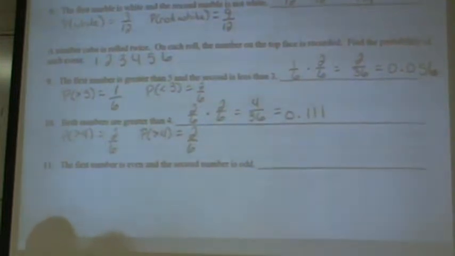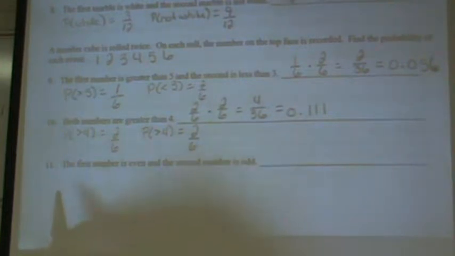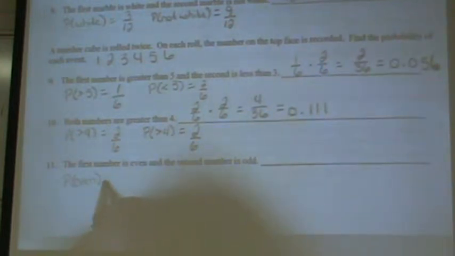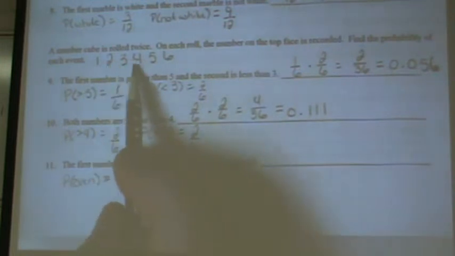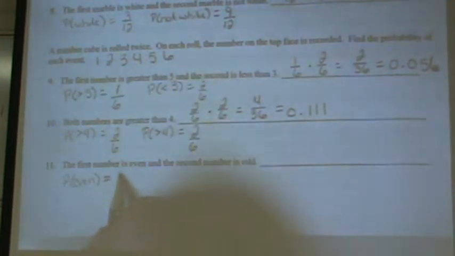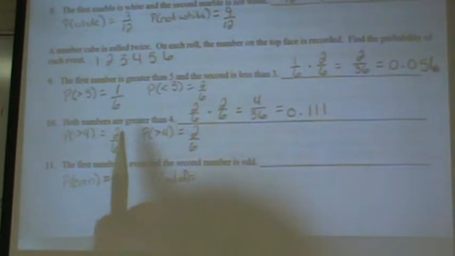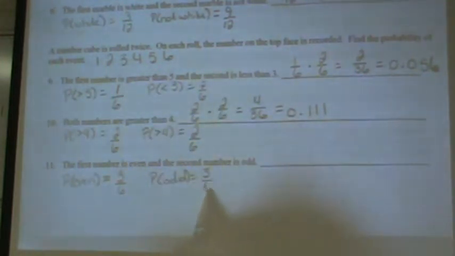And number 11. The first number is even and the second number is odd. So probability of even gives us, there are 1, 2, 3 even numbers out of the 6, and probability of odd, there are 1, 2, 3 odd numbers, so 3 out of 6.